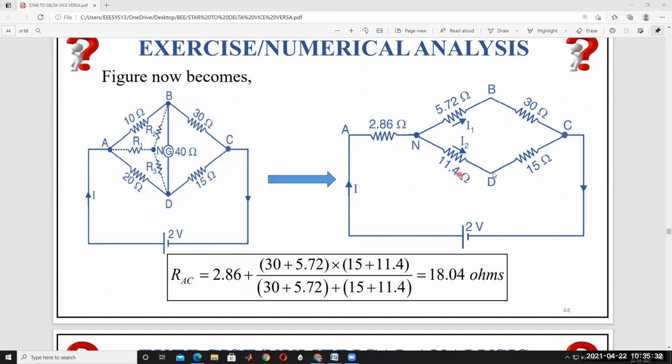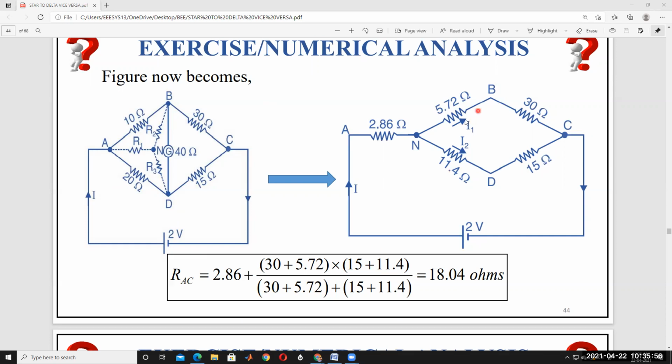Okay, understood? And the resultants of these become parallel. So the resistance between A and C is 2.86, the 30 ohm resistor and 5.72 in series, and 11.4 and the 15 ohm resistor in series.